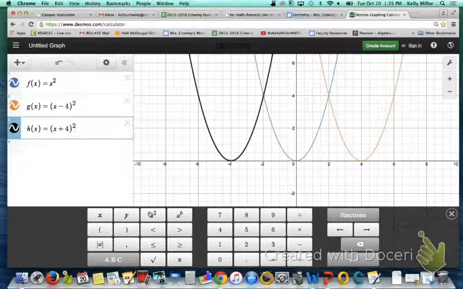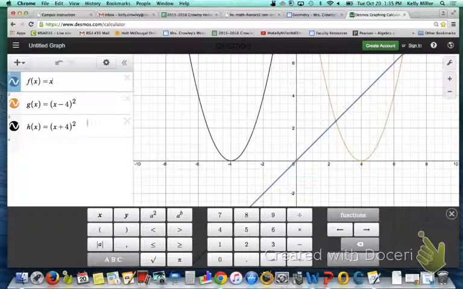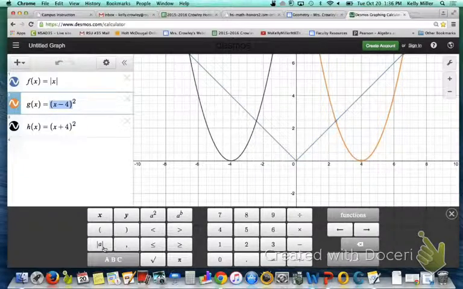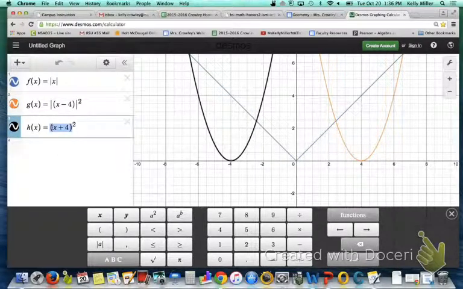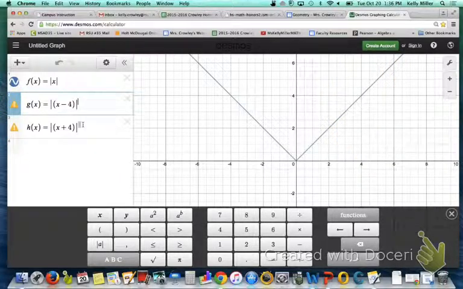Same thing would apply if we turned all of those into absolute values. If I highlight it and put absolute value, it'll do that for me. Get rid of my squares.